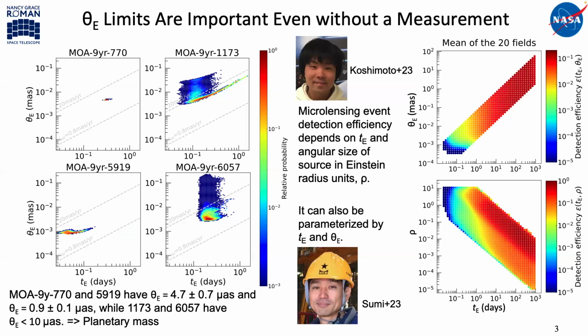So you don't have to apply a prior that you're not certain of. You just do that forward calculation. It can be time consuming if the detection efficiency for every event is sensitive to both parameters. But you see here, it's not really, and for events longer than 10 days, there's basically no dependence.